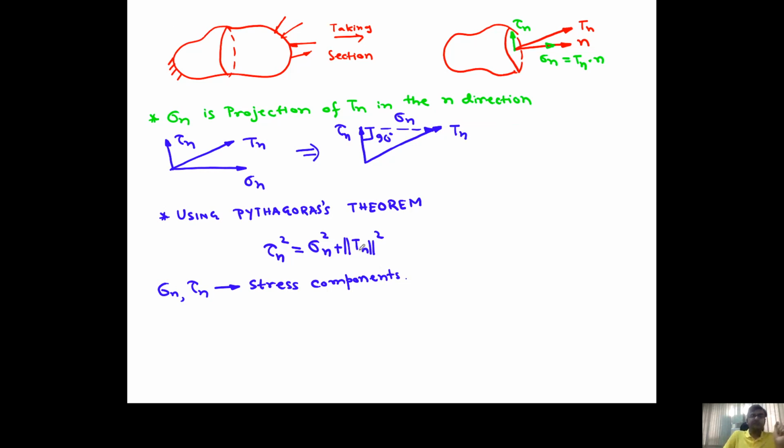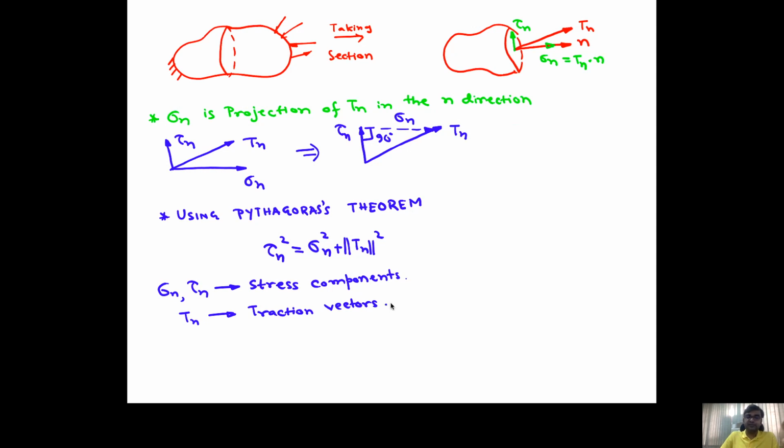And then this Tn is the traction vector. So we have some components of stress and a vector. So clearly we cannot add a component of a stress to a vector. So what we need to do to be mathematically precise is take the magnitude of the vector.